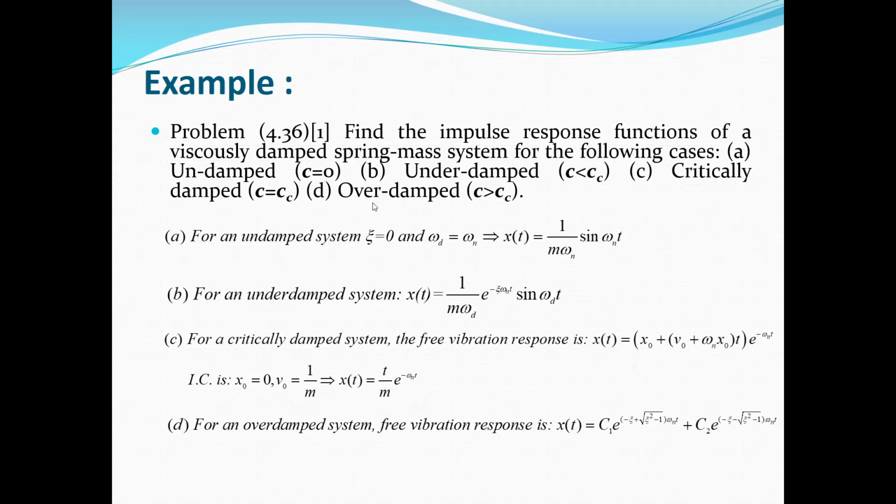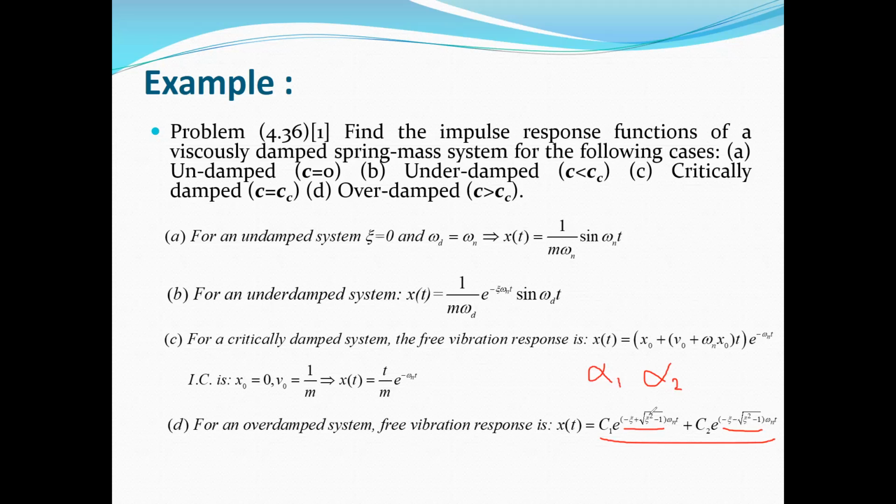Okay, and finally part D, the response of an overdamped system subjected to an impulse. Again, we have the response in this form. When we deal with an overdamped system, the roots of the characteristic equation are alpha 1 and alpha 2, where alpha 1 is equal to minus psi plus the square root of psi squared minus 1, and alpha 2 is minus psi minus the square root of psi squared minus 1.